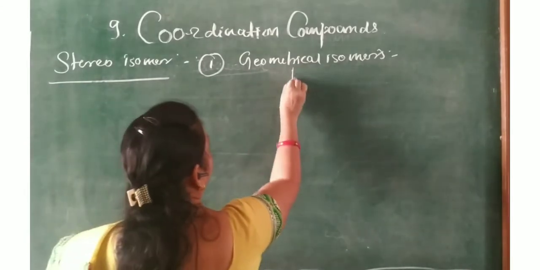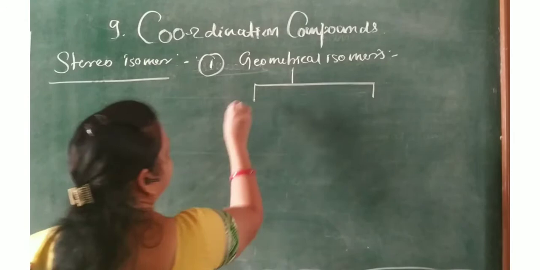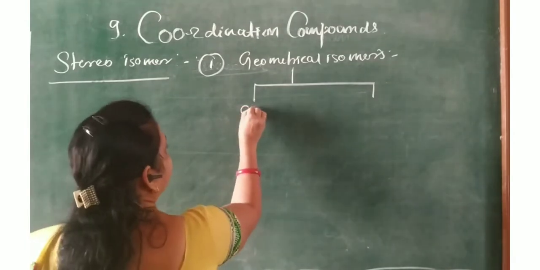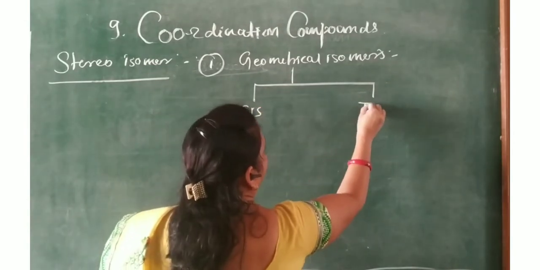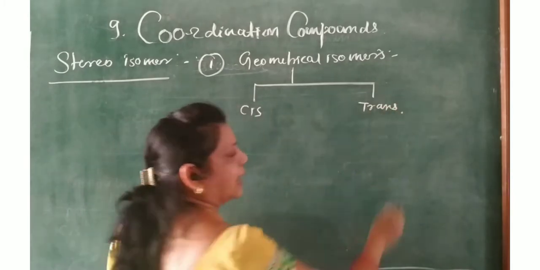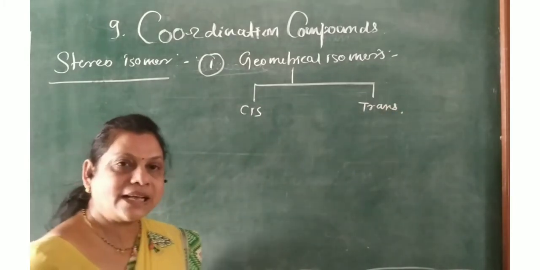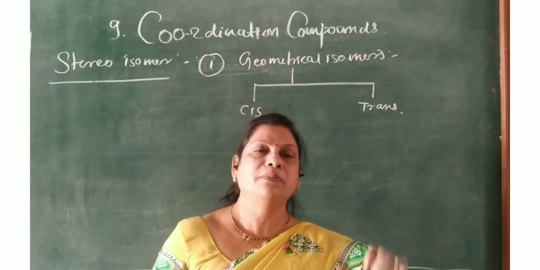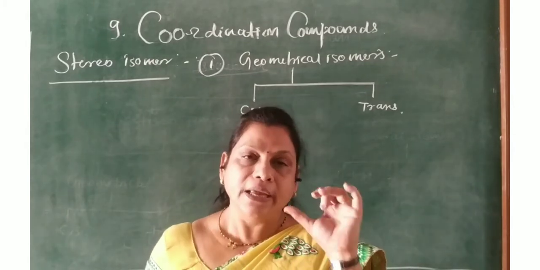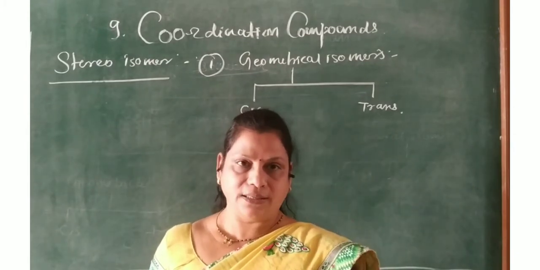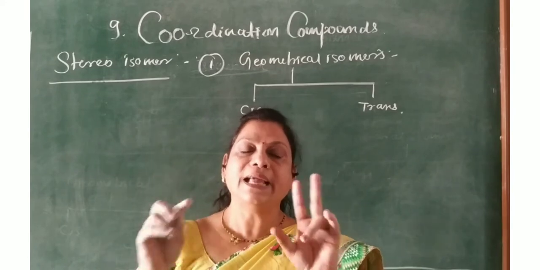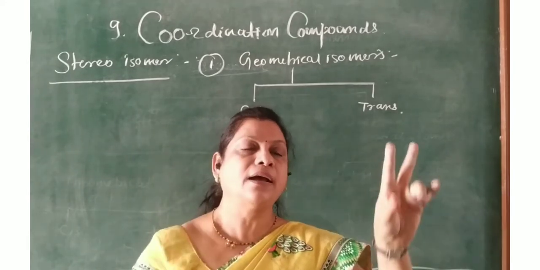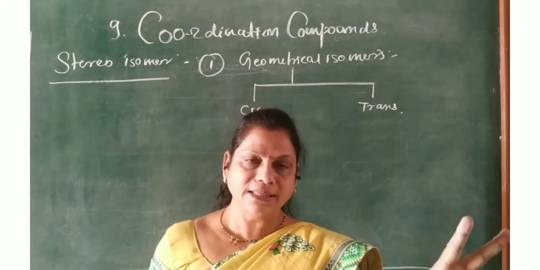These geometrical isomers are classified into two types: cis isomer and trans isomer. What is a cis isomer? Cis isomers are geometrical isomers in which the same ligands are present in adjacent places.